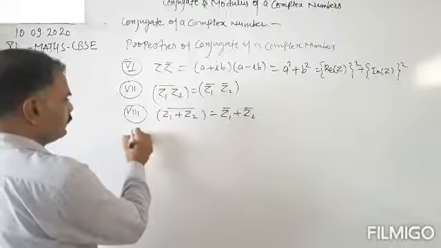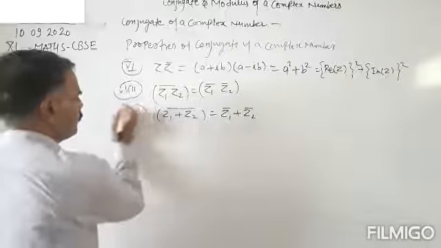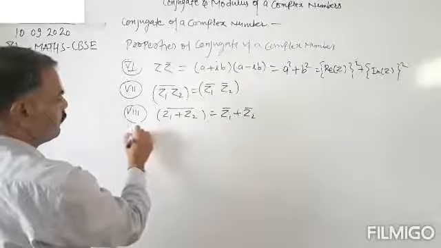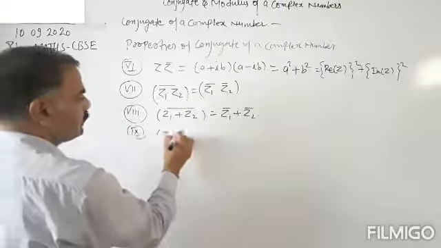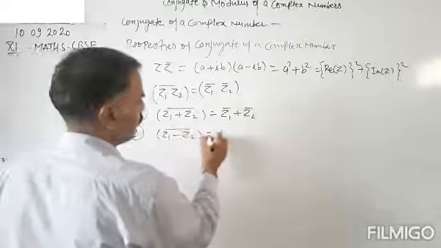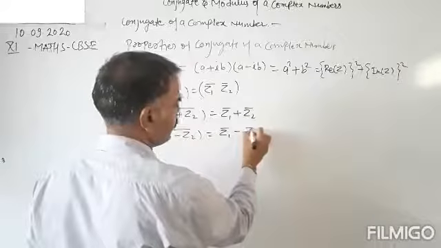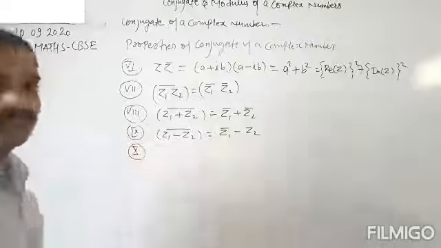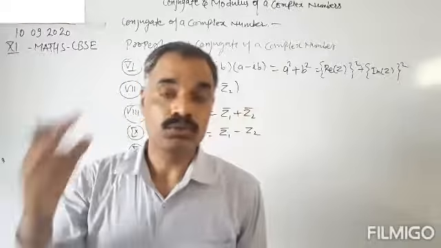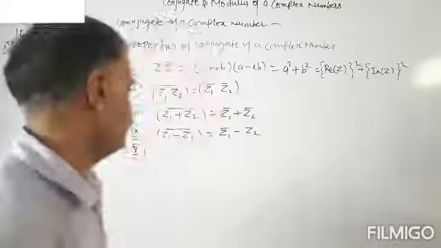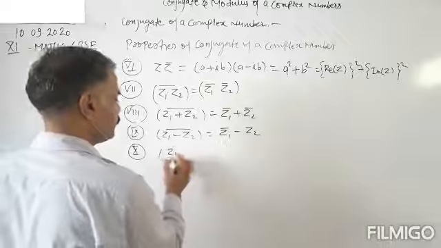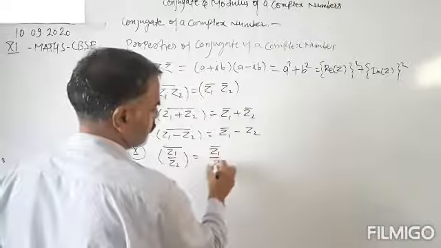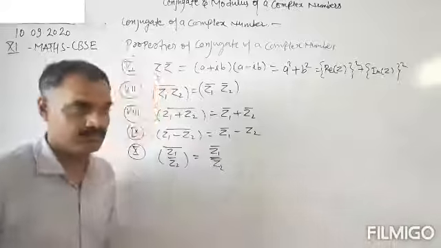And then the ninth property of the conjugate of a complex number, that is z1 minus z2 whole bar, is equal to z1 bar minus z2 bar. And lastly, the 10th property of the conjugate of complex numbers is z1 upon z2 whole bar is equal to z1 bar upon z2 bar.